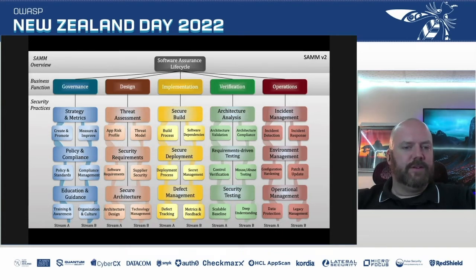Another thing that's brought up often is weighting. So some of these activities and different streams under the practices may carry more weight or have more importance. But at this point, within a core team, we believe that that importance can change, or that weight may change depending on your risk profile as an organization.